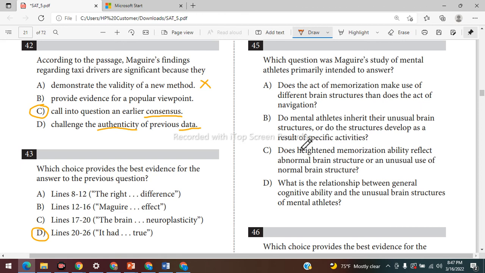C, does heightened memorization ability reflect abnormal brain structure or an unusual use of normal brain structure? Or D, what is the relationship between general cognitive ability and the unusual brain structures of mental athletes? So is it A, B, C, or D?